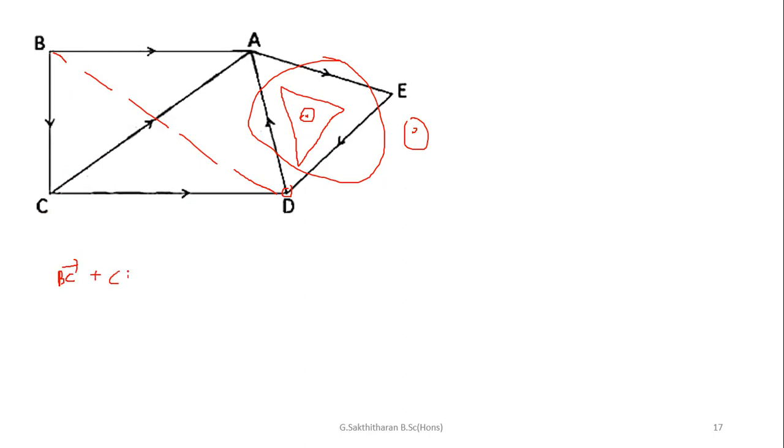These two vectors give the starting point B to A, so the direction of B to A. But in this figure there is already one BA vector here. And here the balance is the CD vector.